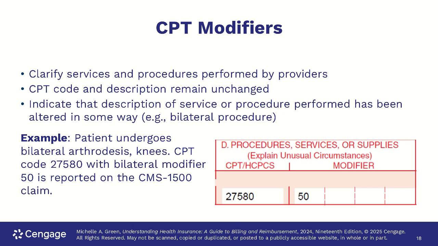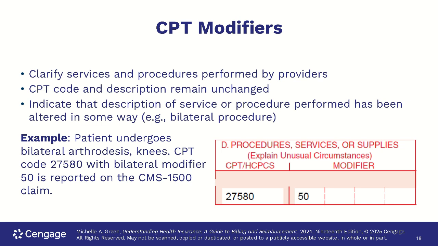And so if you notice on this particular snapshot of the claim form, it is showing you where that modifier is placed. Now, real world, we plug this information into a computer, and then the computer system knows where to place it electronically on the claim form.